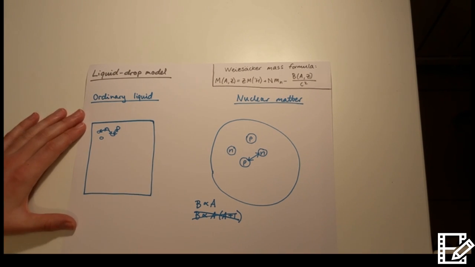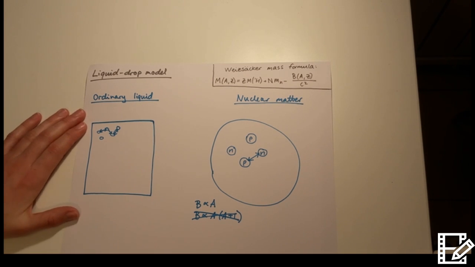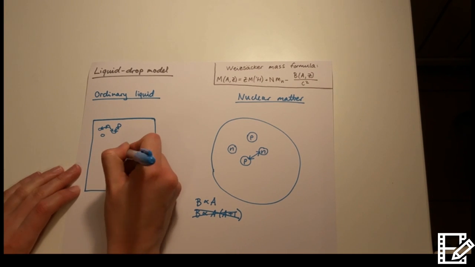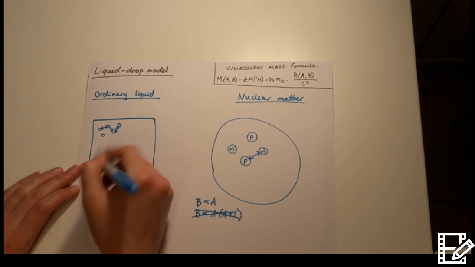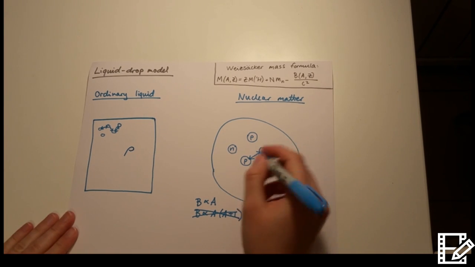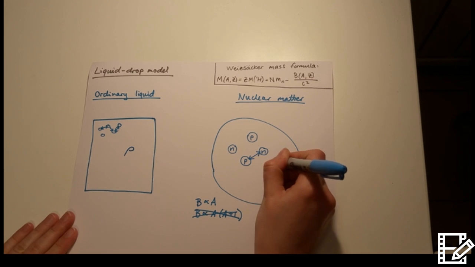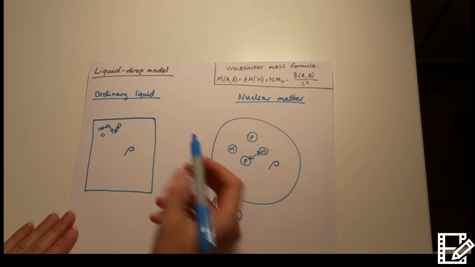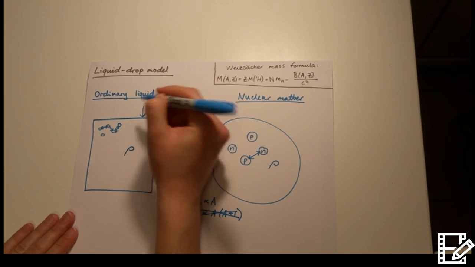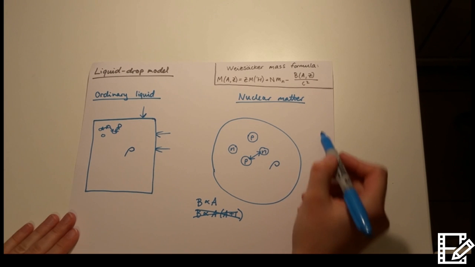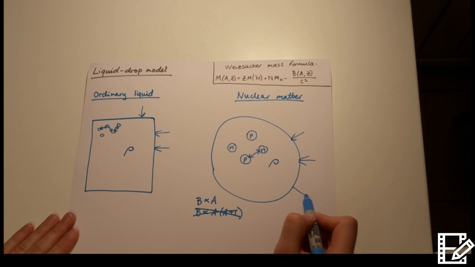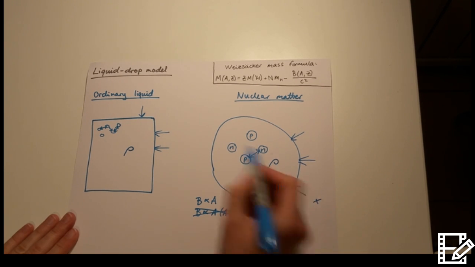Secondly, a liquid has a constant density throughout the material. We can say the same thing approximately for nuclear matter. Also, a liquid cannot be compressed, or it's difficult to compress. And again, we can say the same about nuclear matter. This is difficult to do.